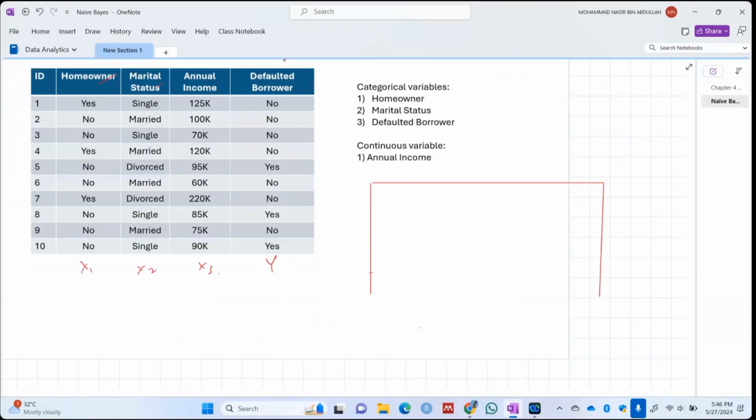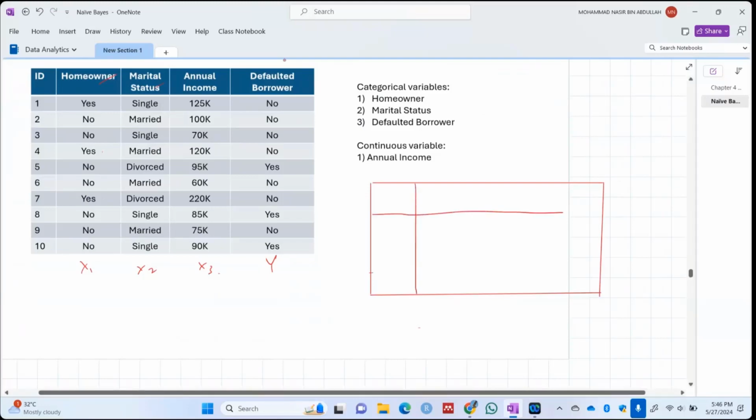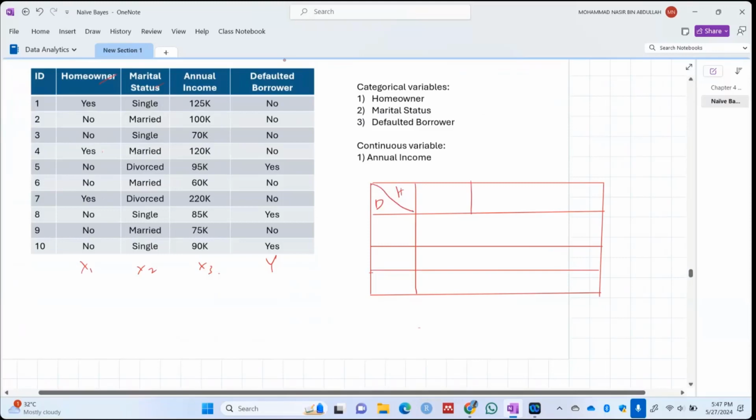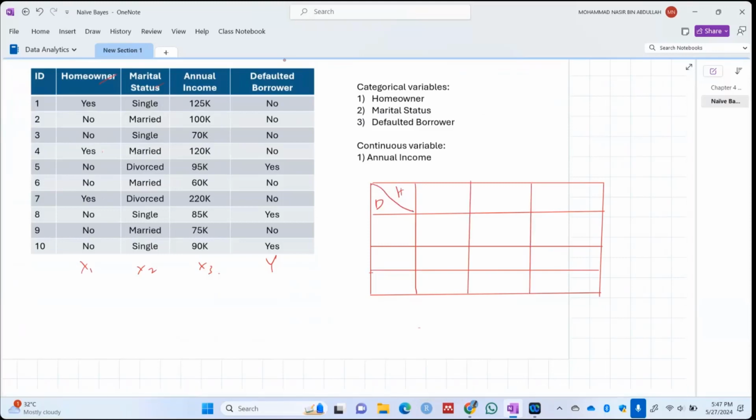Let's say this is the 2 by 2 table for homeowner. Right, let's say this is home, this is default. We have yes and no. So let's say this is no, yes, total.